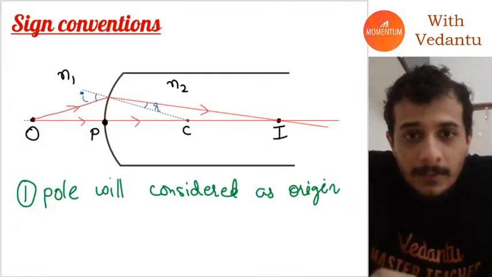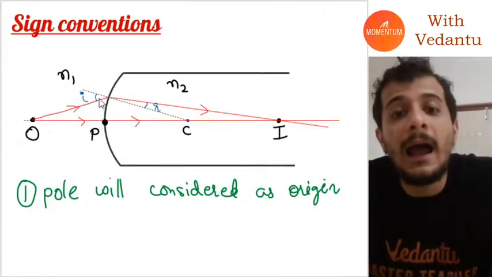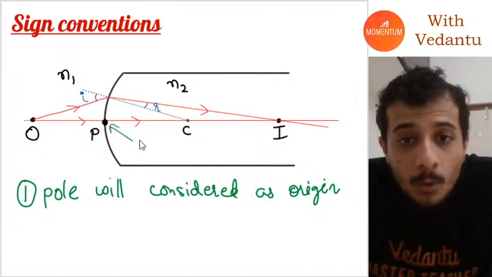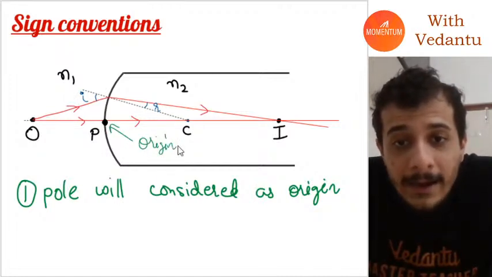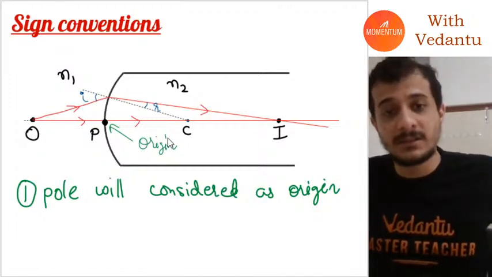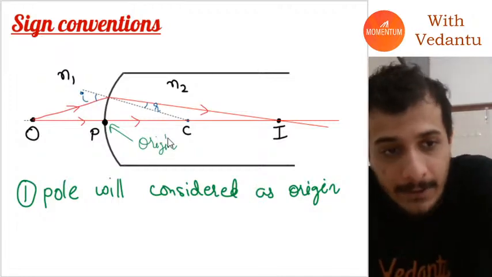What does that mean? If you look at this diagram, this point is the pole and this point will be considered as the origin. Whenever you are trying to measure any distance, you will measure those distances from this point.